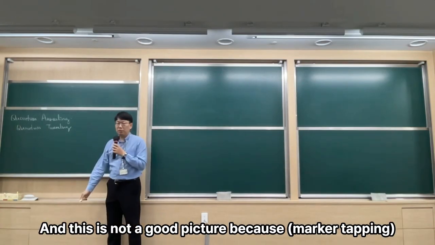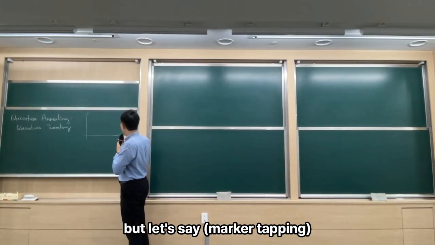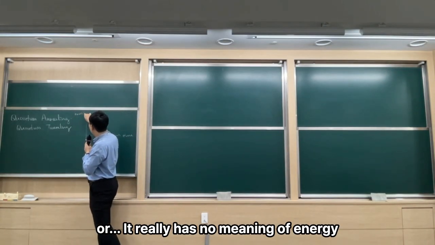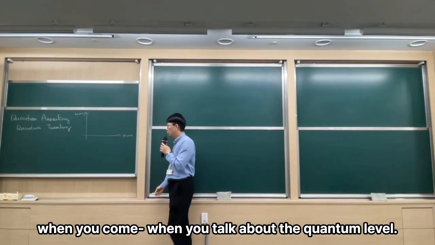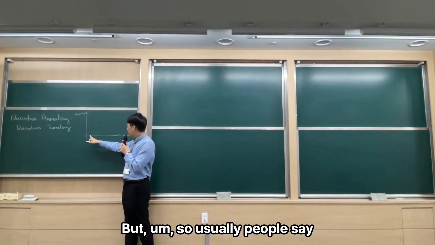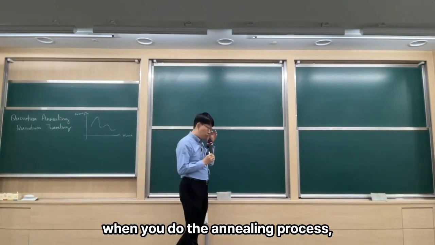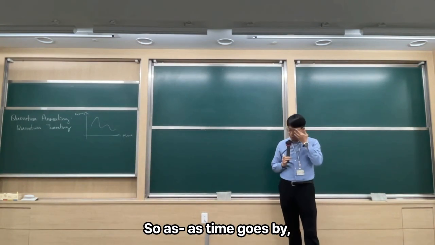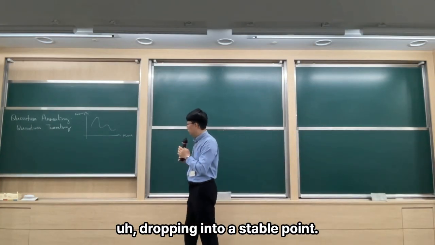This is not a good picture because this is not really what happens, but let's see, this is your time and this is your energy level, or it really has no meaning of energy when you talk about the quantum level. But usually people say when you do the annealing process, it's a continuous process. As time goes by, your energy level is dropping into a stable point.